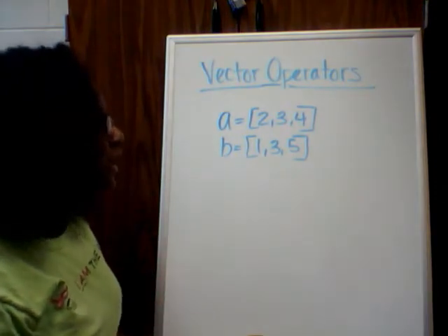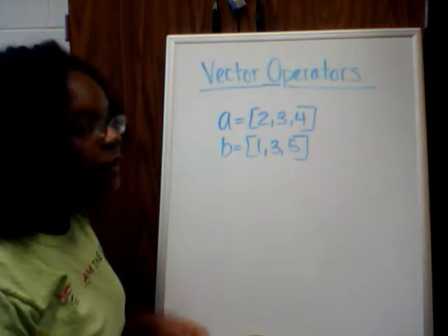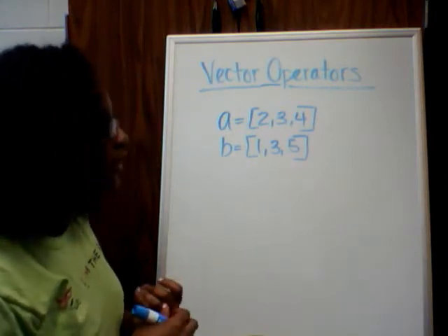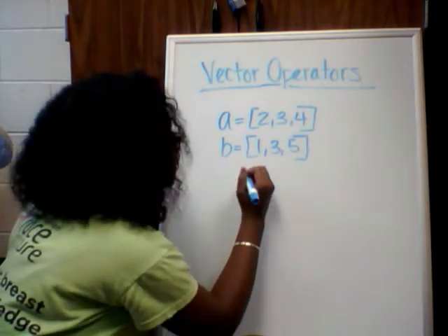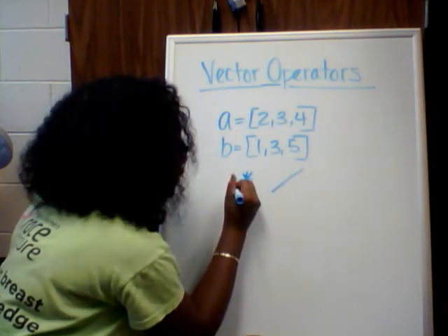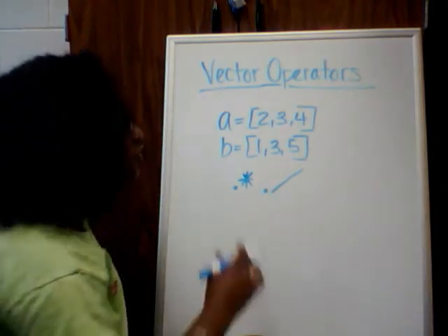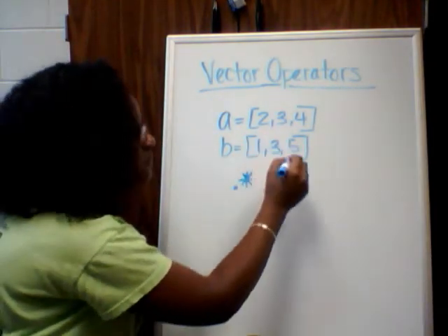However, in our case, we just want to go element by element. To make sure that happens, with multiplication and division you have to put a period in front of the operator so that MATLAB knows that you want to go element by element.